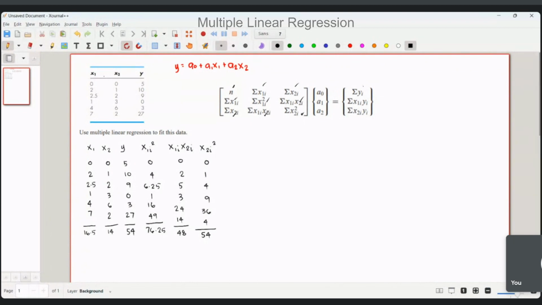We also have our yi. Next, we need to find x1i, yi.